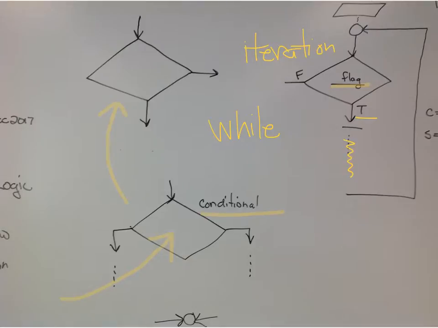They're both decision boxes, or decision symbols, probably better. So they're going to decide true or false. This one up here would be what we're using in class, more of a while statement, and down here, this one would be more often an if statement.